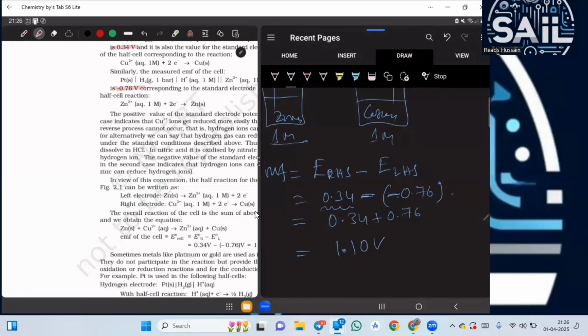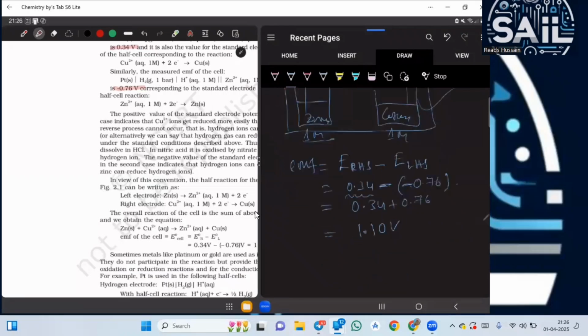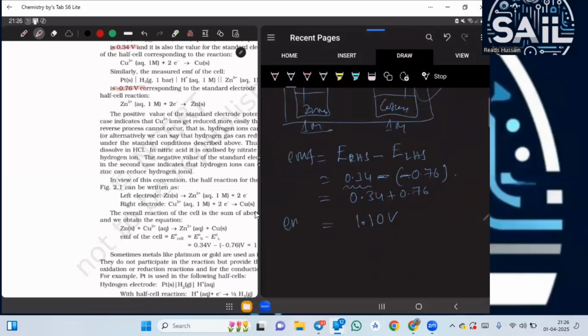So the galvanic cell obtained by combining zinc and copper will have a total EMF of 1.10 volts. This is how we can find the EMF of the cell.